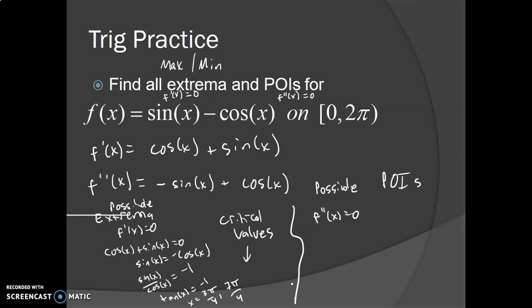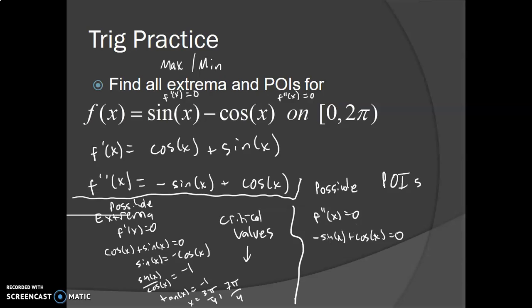All right, so again, for points of inflection, that's when the second derivative is equal to 0. So the second derivative was negative sine of x plus cosine of x. Again, you can think about when sine and cosine have the same value, and this time, since sine's already negative, they would cancel out. Just think about it on the unit circle that way.